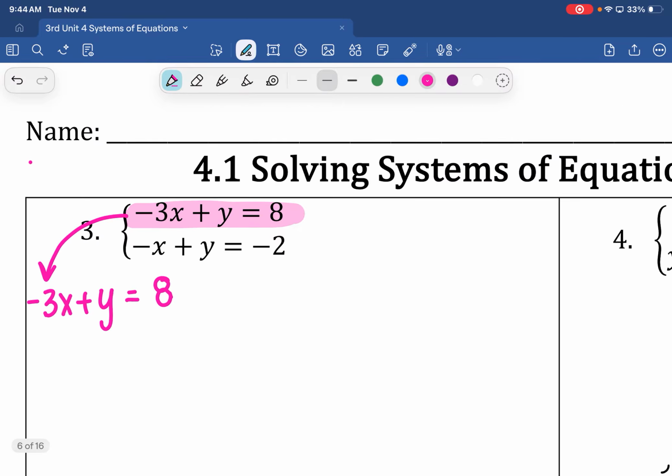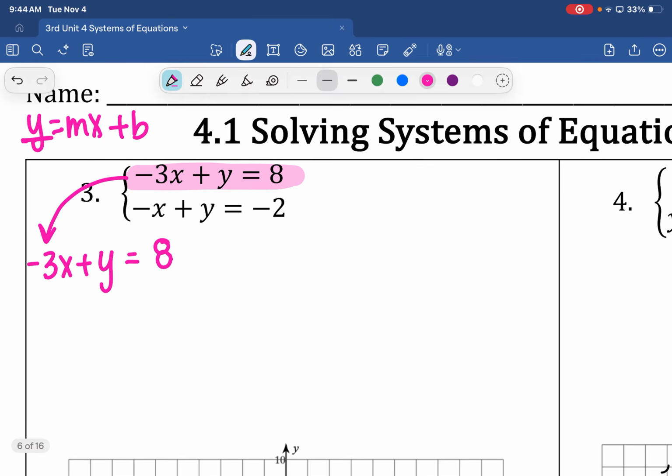Because we're trying to get it to the form y equals mx plus b. So y has to be by itself. What do I need to do to get y by itself? Add 3x. That will be the quickest way to get y by itself because y also has to be positive and by itself. So we get y equals 3x plus 8.